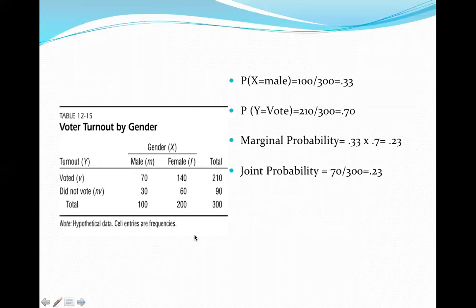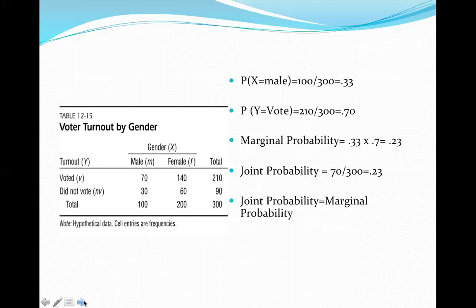Next, we compare the marginal probability to what we call the joint probability, the probability of being both male and voting. So that's where we look at the actual data here, and we see, looking at the first row, first column, that 70 males voted out of 300. 70 divided by 300 gives us 0.23.